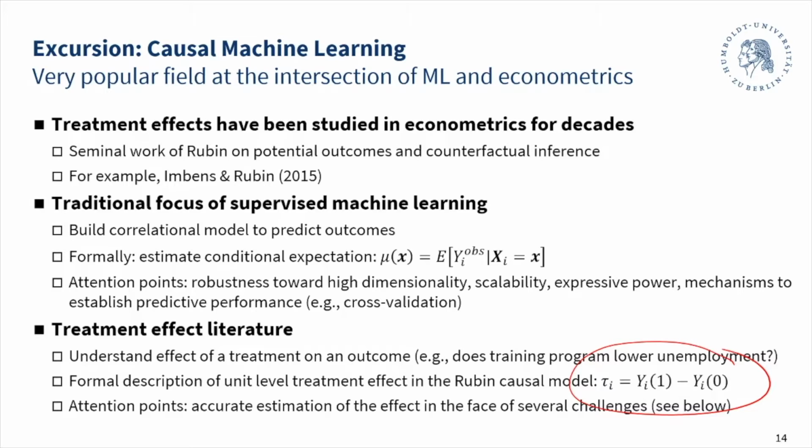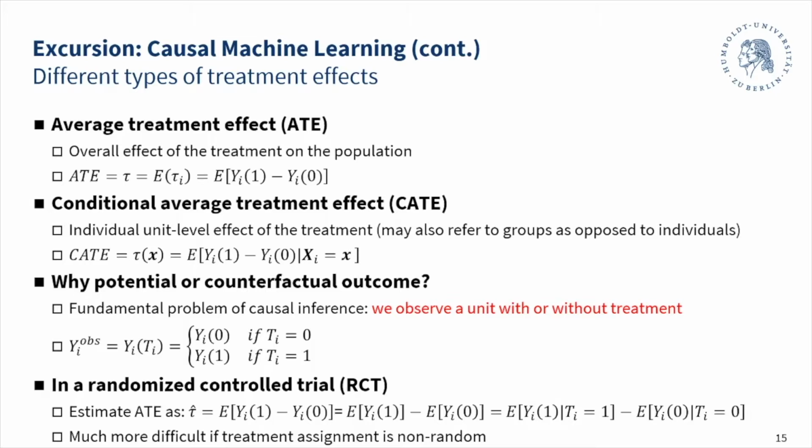And this Y(1) or Y(0) in brackets denotes whether the customer or the unit is treated or not. That is the treatment effect, and much emphasis in the literature was devoted to estimating these effects.